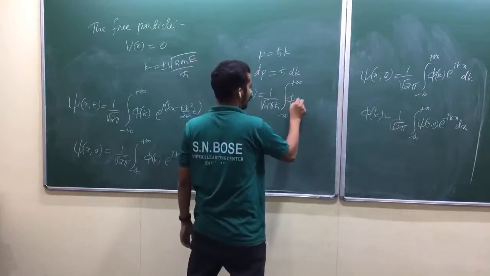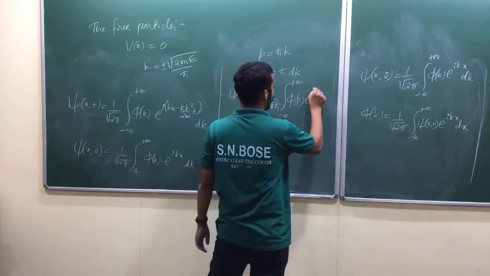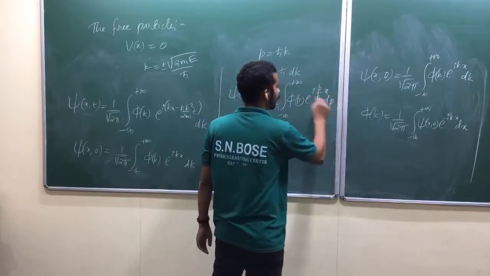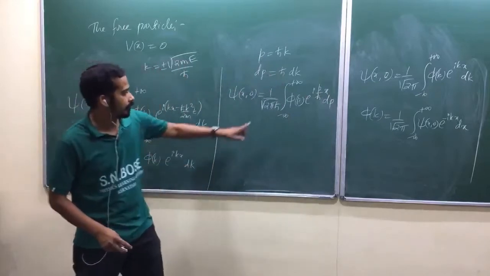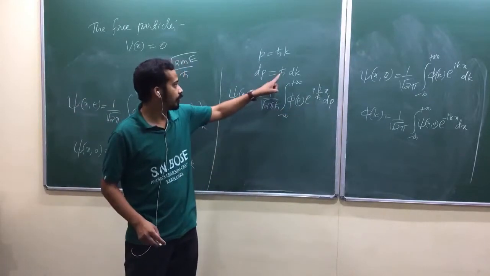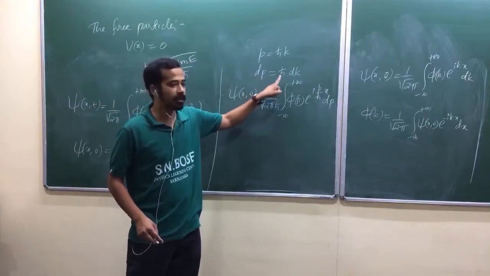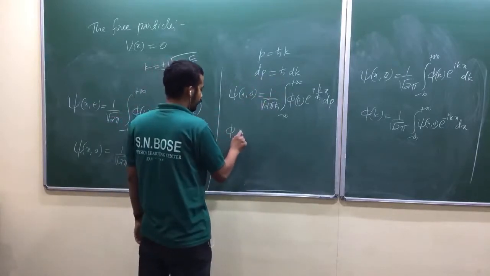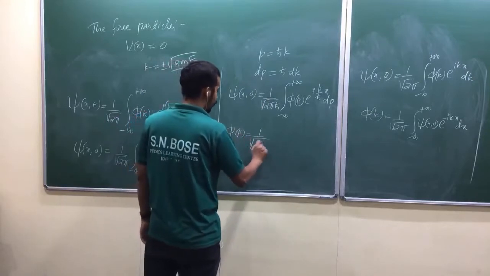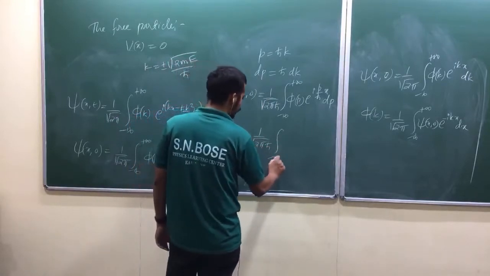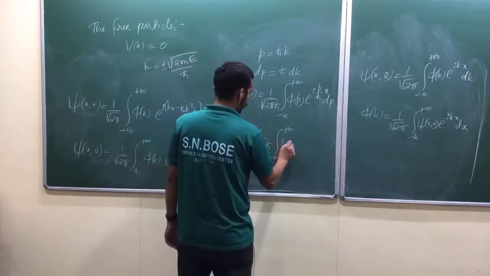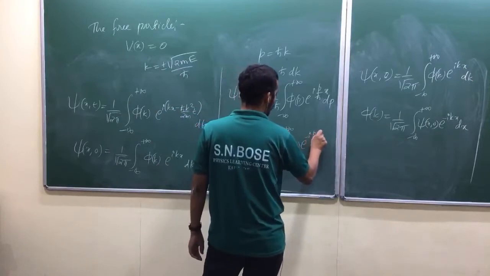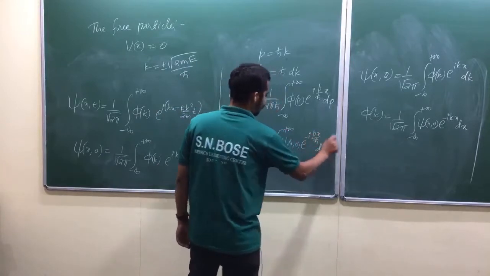So, phi of p e power i p by h bar into x into dp. One of the root h bar we kept here. Actually, here dk and dp are related by h bar. That root h bar will be kept here. And phi of p is 1 by root of 2 pi h bar, minus infinity to plus infinity, psi of x comma 0 e power minus i px by h bar dx.